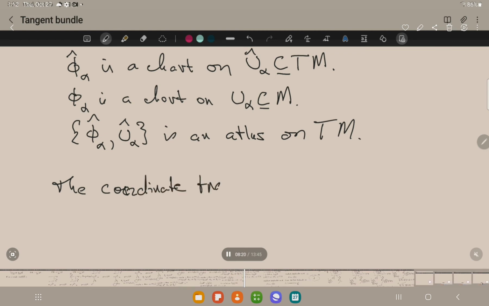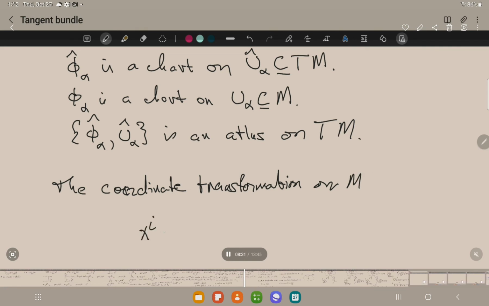Next we're going to talk about the coordinate transformations at the manifold level, and how they induce the chart on the tangent bundle.